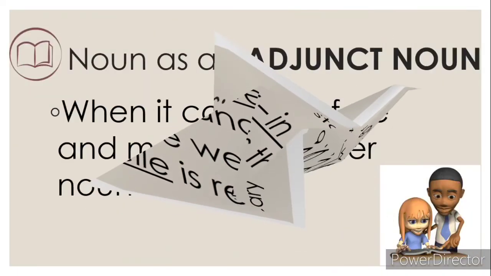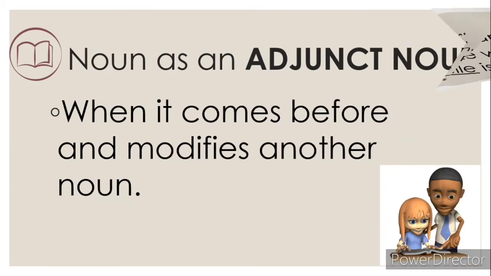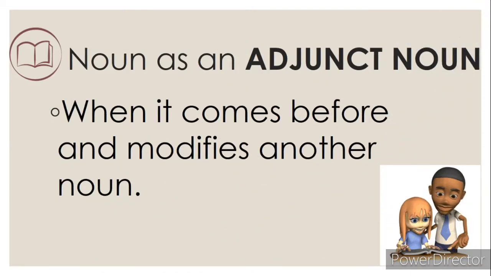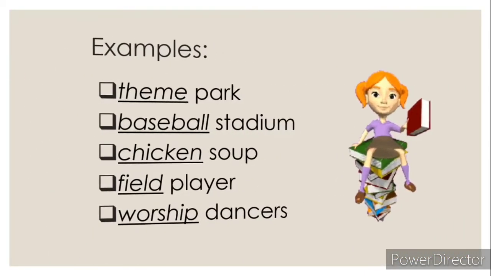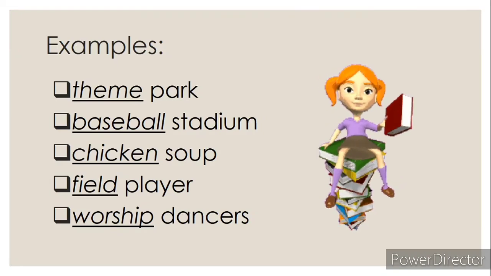And last but not the least, the noun as an adjunct noun. When it comes before and modifies another noun. Again, before, and it modifies another noun. For examples, we have the theme park.